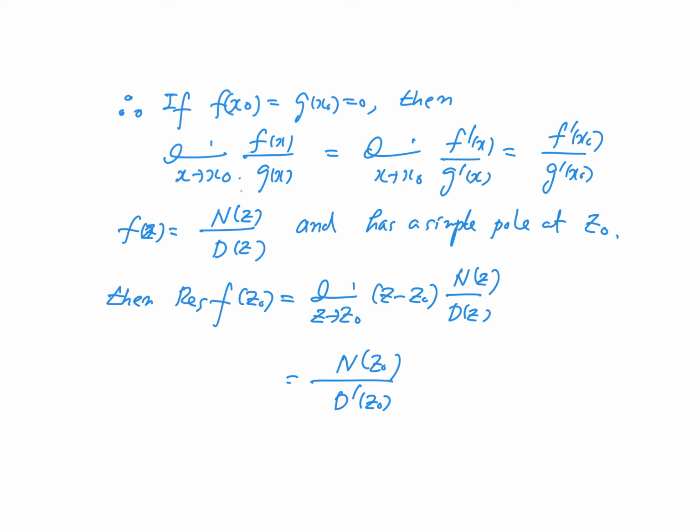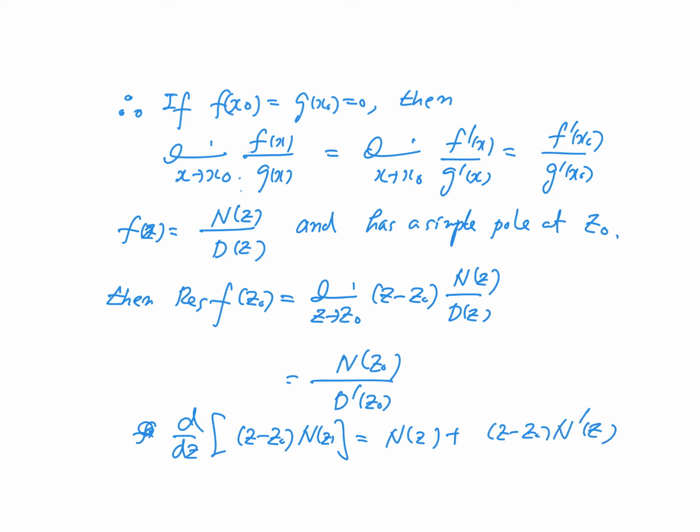So the proof is actually easy. So D(z), the denominator, this, right? N(z) plus N prime... So the limit as z goes to z0 is simply N(z0).